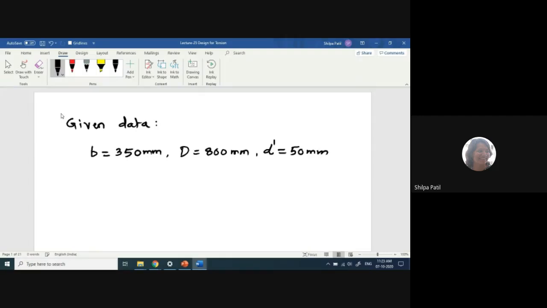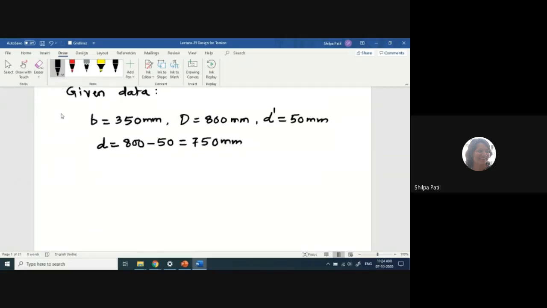So we can find out the effective depth as 800 minus 50. What is the value? 750 mm. Okay.